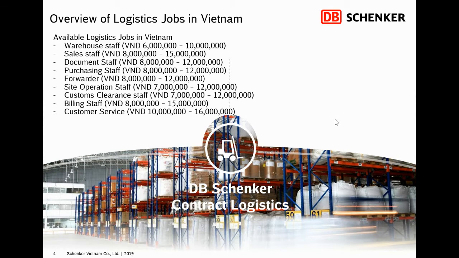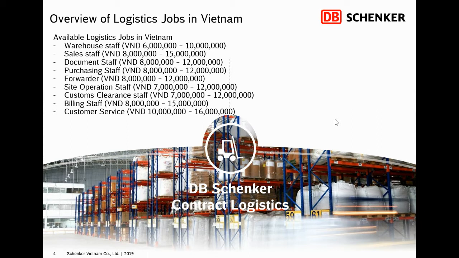You can apply for document staff, purchasing staff, forwarders. Also, the salary range is rather high for a new joiner, from 8 million Vietnam đồng to 12 million Vietnam đồng. And you can apply for site operation staff, for customs clearance staff. The salary ranges from 7 million Vietnam đồng to 12 million Vietnam đồng.